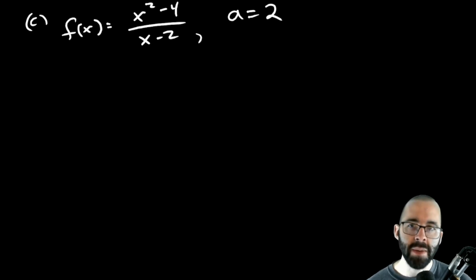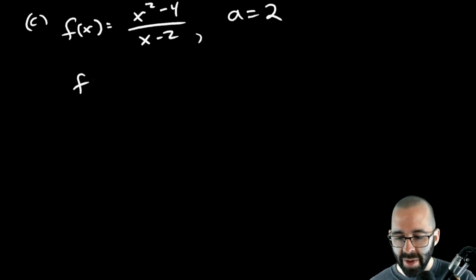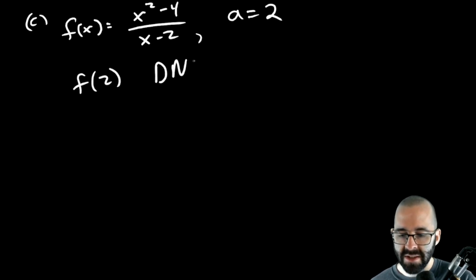So we could check the limit, and it turns out the limit will exist here. But we already know the function's not going to be defined at 2. When we plug in 2, we're going to get a divide by 0 error. That means there's either a removable discontinuity or a hole. Sorry, a removable discontinuity is a hole. Either a hole or a vertical asymptote. But either way, f of 2 does not exist.